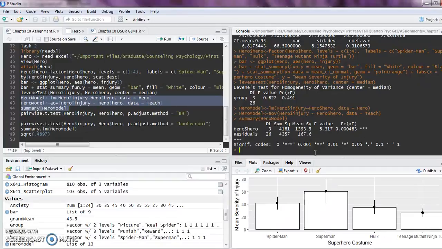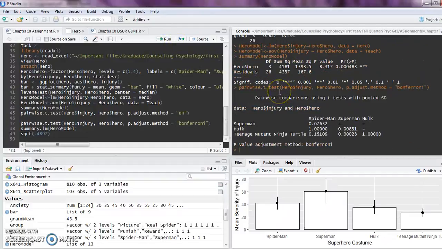It just tells us that there is a significant effect. So we're going to do the post hoc test to determine which group gives the most effect, essentially. So I'm going to run the Bonferroni test. Okay.